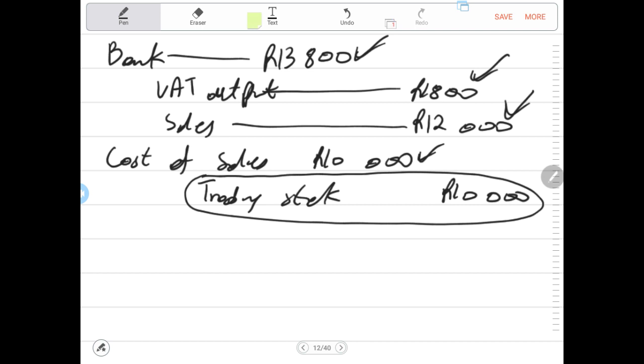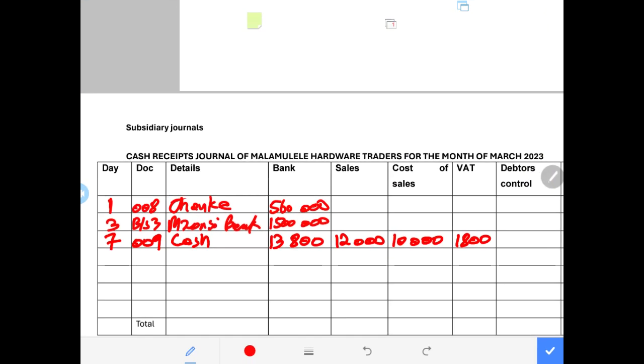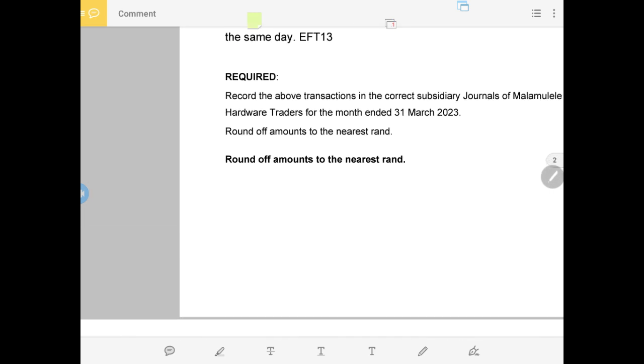So now we are done with that transaction. Debtors, remember, are not affected because we sold for cash and it's not the customer who was paying us. So no debtors are affected.